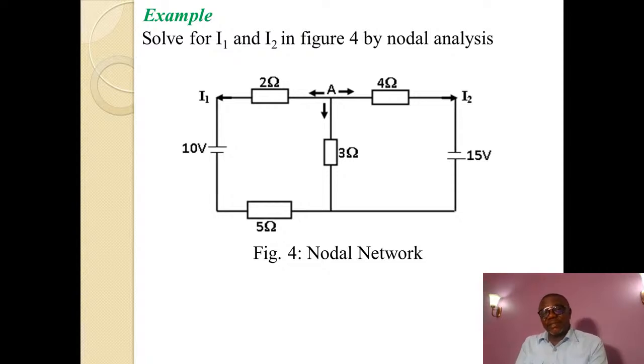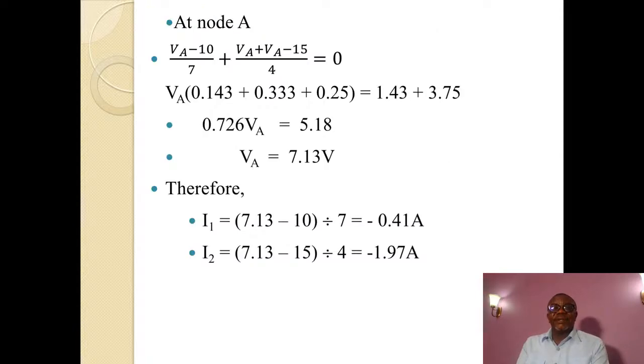And to the right, VA minus 15 all over 4, and to the reference point, VA over 3. That is what you're having: VA minus 10 all over 2 plus 5, which is 7, plus VA over 3, plus VA minus 15 over 4.